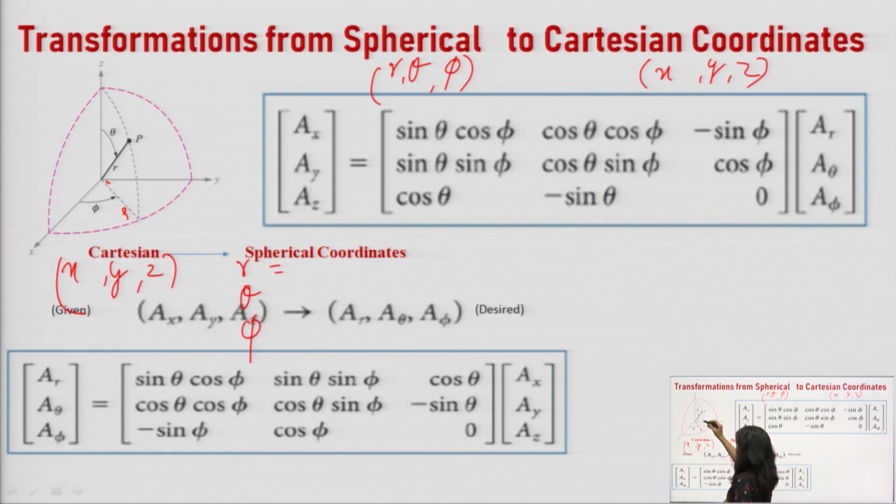This is the r, this is the x, this is the y. If this is the x, this is y, then we can find the value of rho. This will be root under x square plus y square.